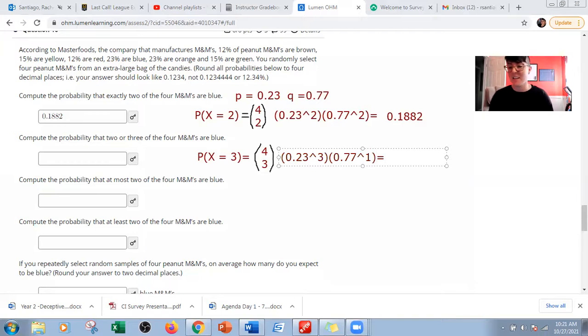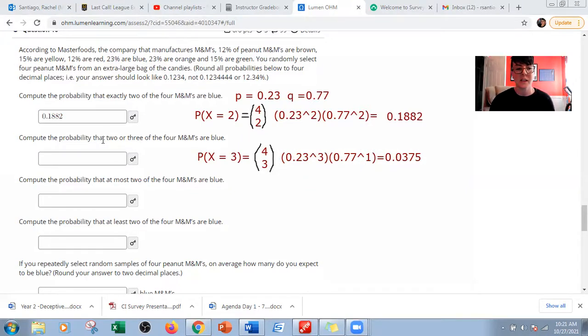Yes, exactly. So we're going to punch this in. 4 choose 3, which is 4. Multiply that by 0.23 to the third power, and then multiply that by 0.77 to the first power, which is just 0.77, and that gives you 0.0375, because we want 4 places after the decimal.